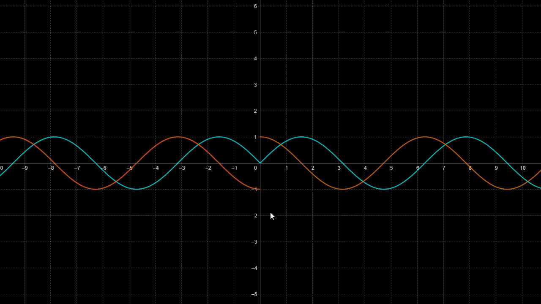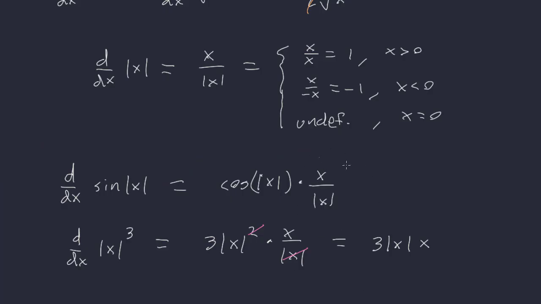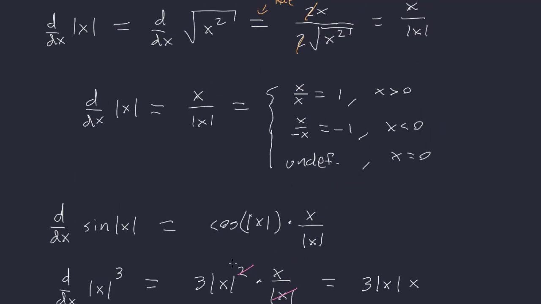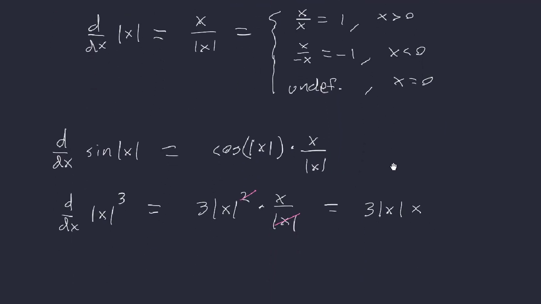But also where this spike is, we have a jump, and that jump is represented by this. Since this is often called the signum function or the sign function, it is adding a jump into this cosine function here.